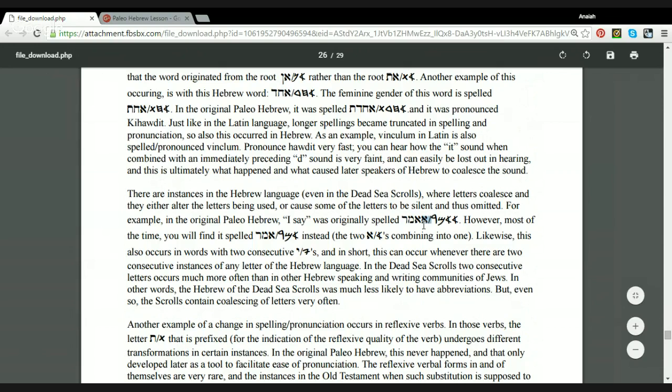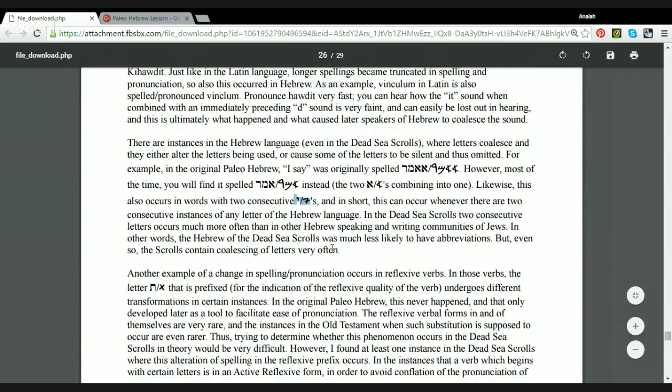And in the Dead Sea Scrolls, you see that sometimes. The reason they took it out was because they thought two A's in a row seemed unnecessary, and you could just remove the one A, and the one A would be understood to be both. And they did the same thing for other letters too, like Yod and Waw sometimes, and same thing for Tav.